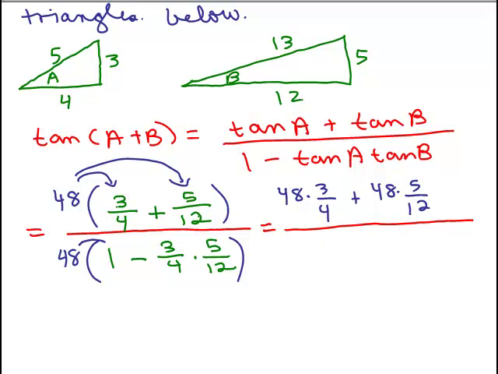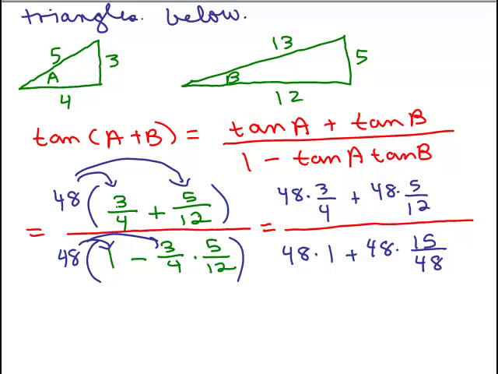In the denominator, I'm going to multiply it also. 48 times 1 plus 48 times. Now, if you want, you could simplify this and write 15/48, or if you want, you could have left it as 3/4 times 5/12. To conserve space, I just multiplied it since nothing canceled there.